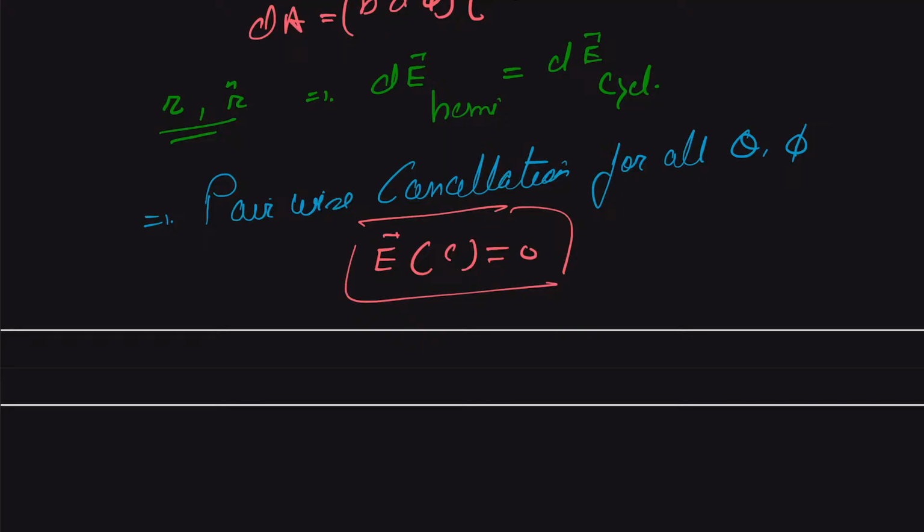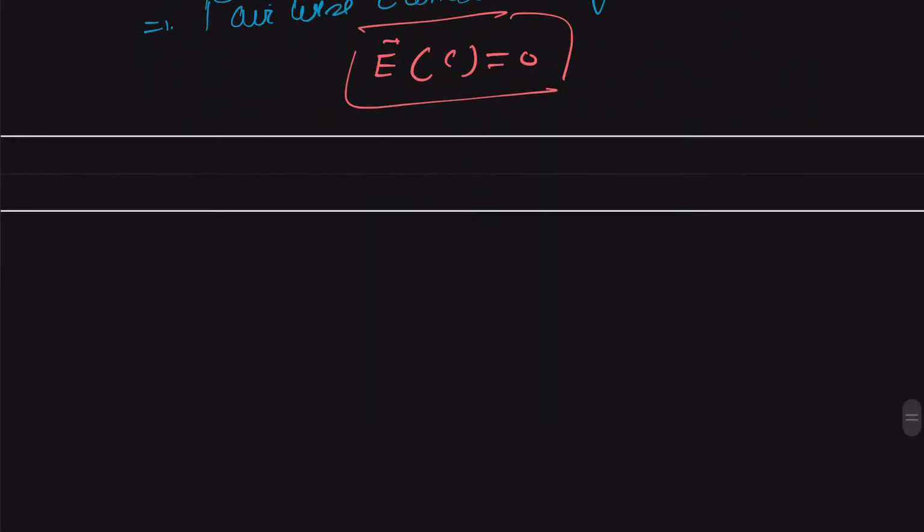And in case of this pairwise cancellation, if you have certain doubts, this is quite easy. This is a semicircle and this is a point P, and let us suppose the electric field is in this direction, and there will be an opposite pair. This is our P and this is our P prime. Because of this electric field in this direction, we can divide it into two components, this as well as this, and this as well as this.